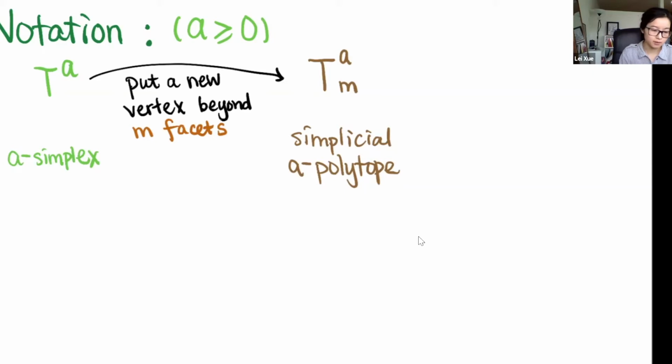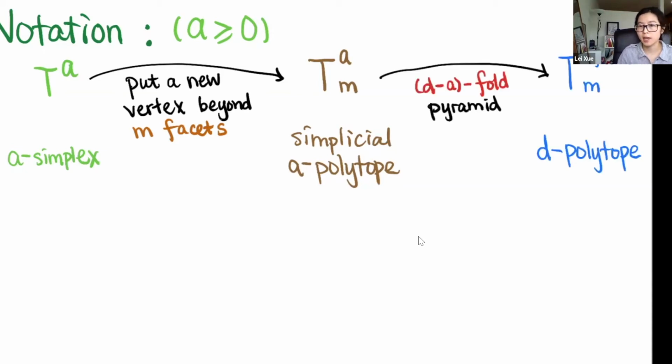Grünbaum called that polytope T^A_m. And then we just take a multifold pyramid until we reach dimension D. So the polytope that we end up with has 3 indices. On top, the first index D denotes the dimension, and the second number, D minus A, denotes the number of times you're taking pyramids.